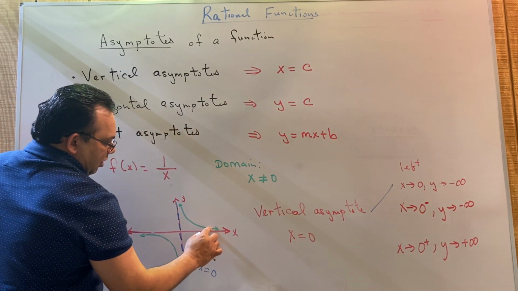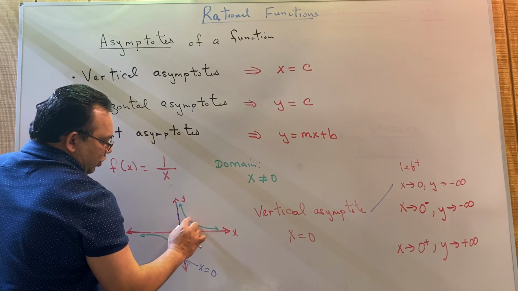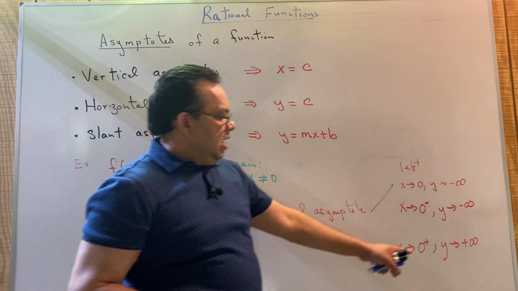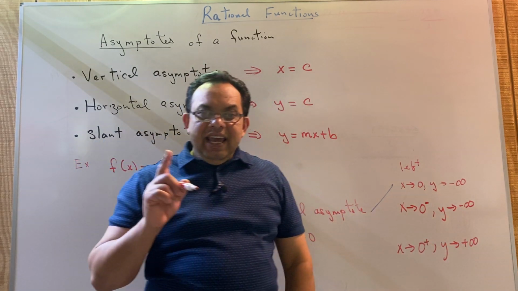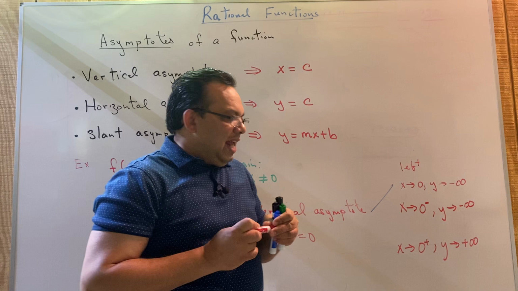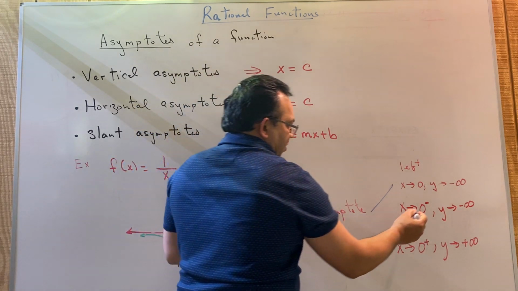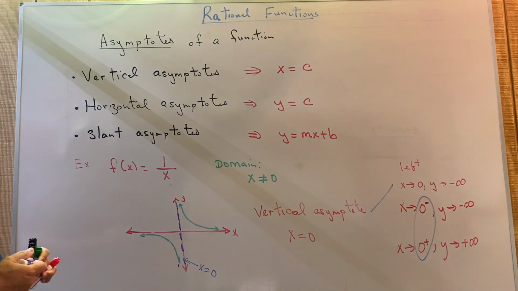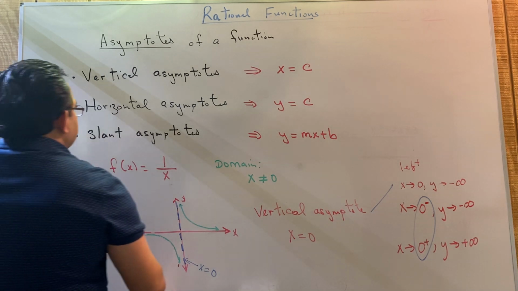As you trace the function on the right side, you will notice that the y value is going towards positive infinity. Anytime this happens, that is a hint that there is an asymptote at this specific value, x equals 0. So you can use that as a guide, or a different way of finding an asymptote. Okay. Let's look at another example.